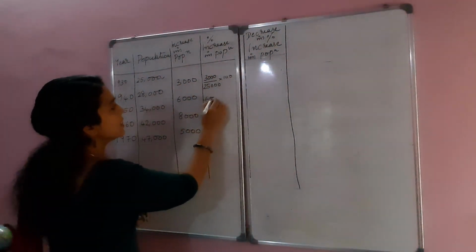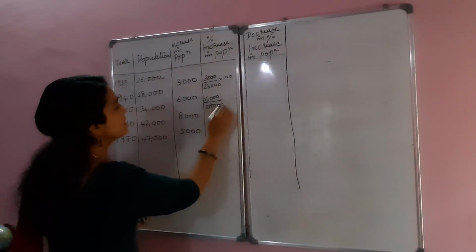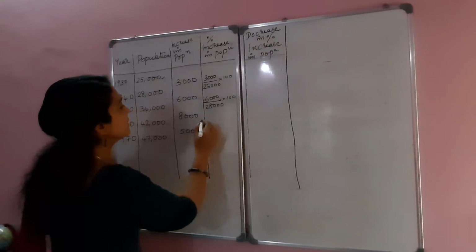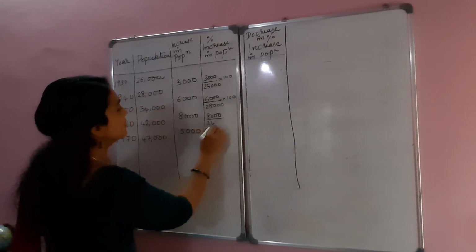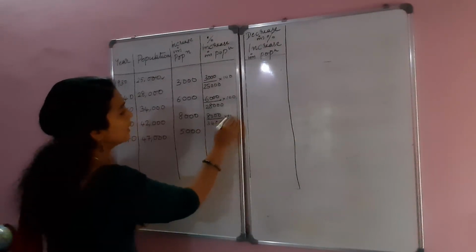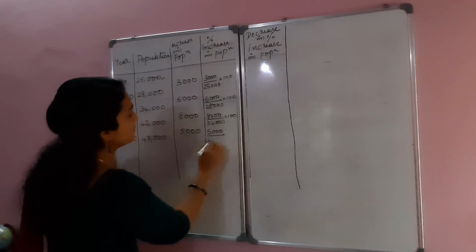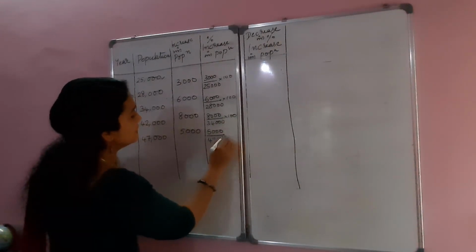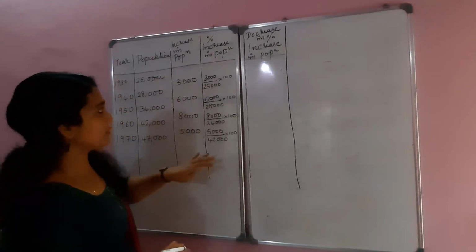Then 6,000 divided by 28,000 into 100, then 8,000 divided by 34,000 into 100. Here 5,000 divided by 42,000 into 100. Likewise, we have to calculate.